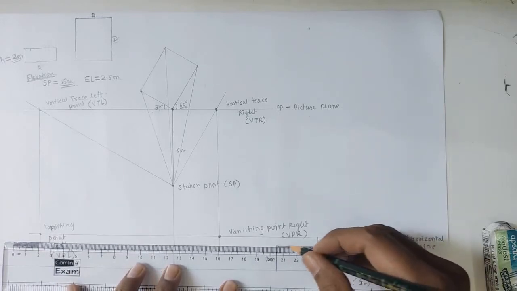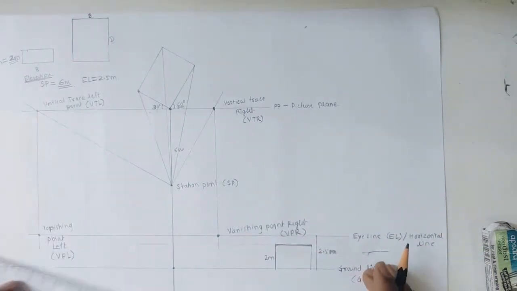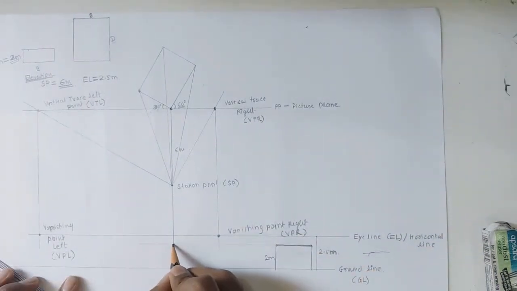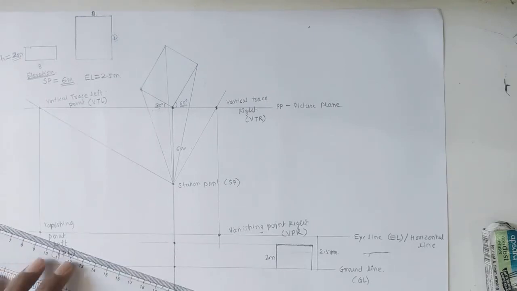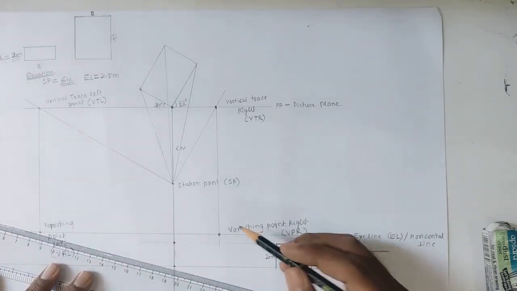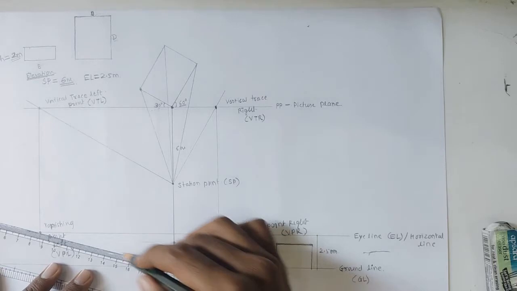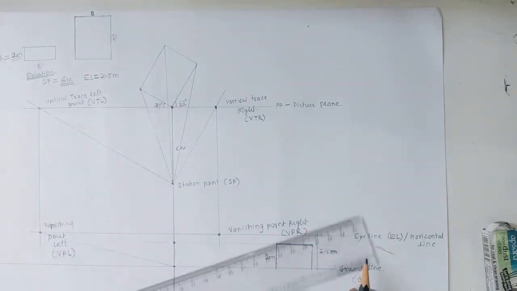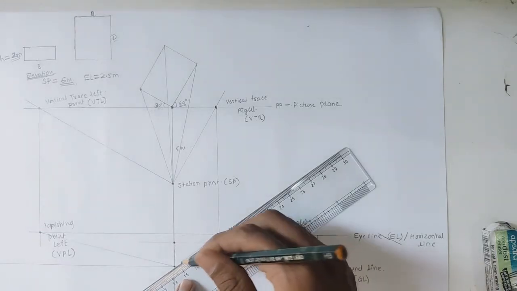Now the next step, you have to extend this object height, which will cut the line of sight line. Clear? This line. So we will get this side, that means the actual height of the object. Join this point, the baseline of the object, with this line, and again join this line.